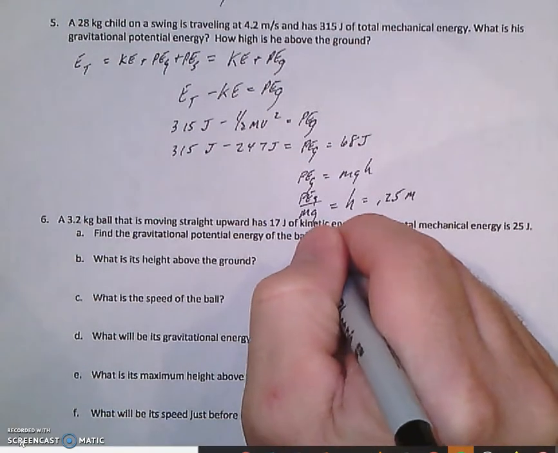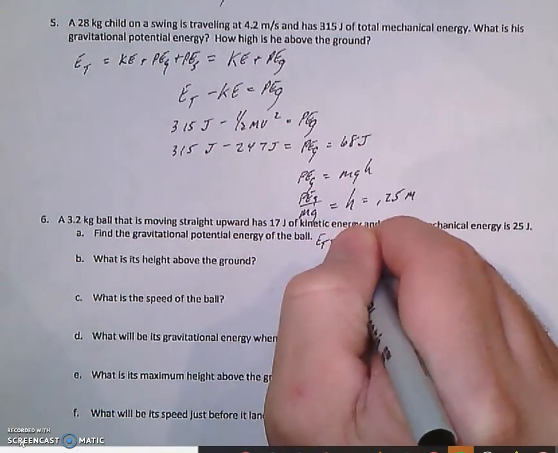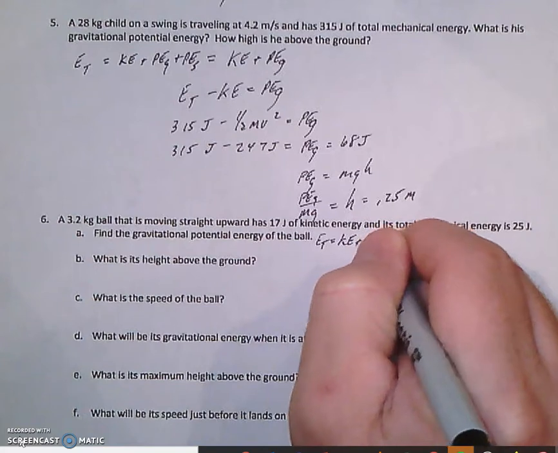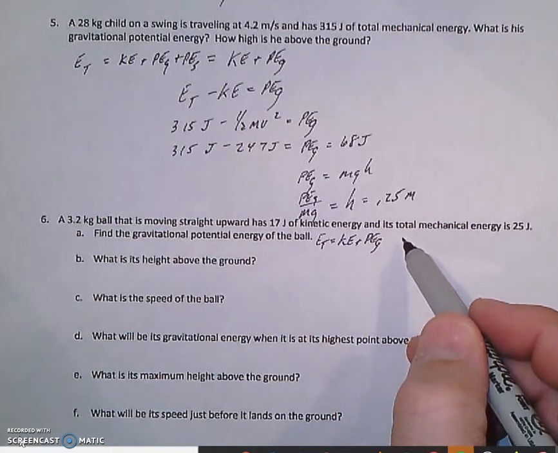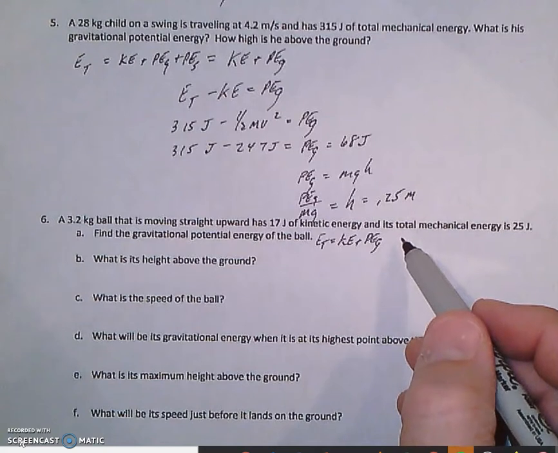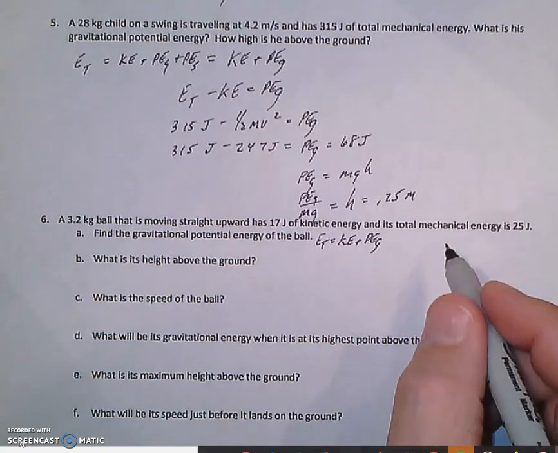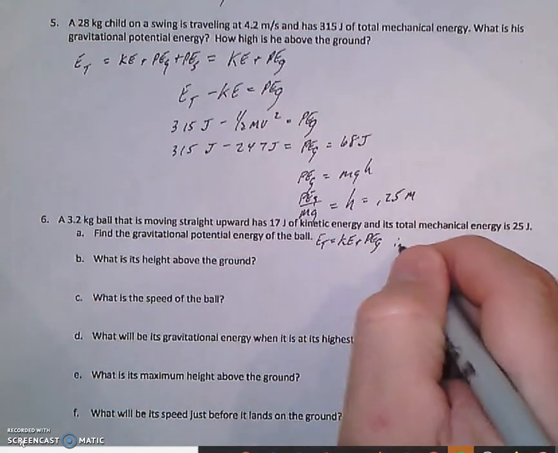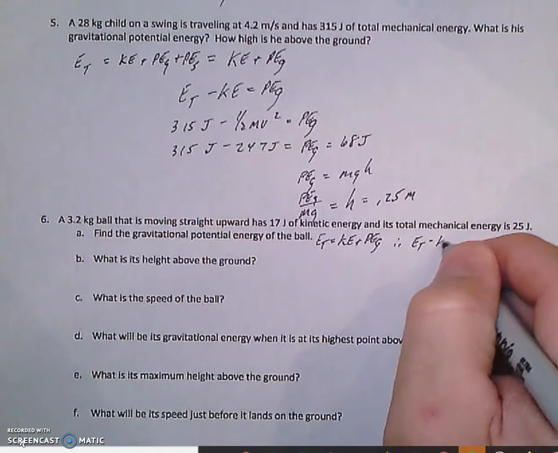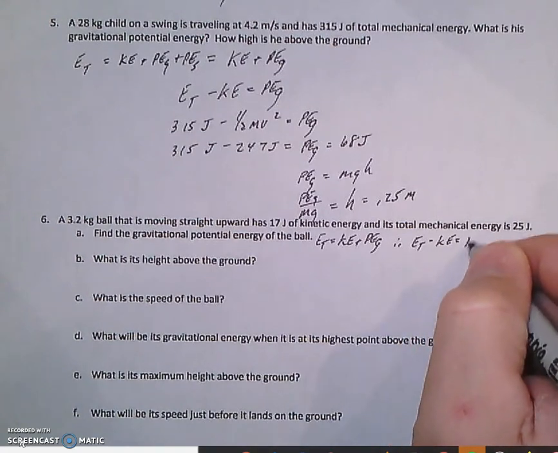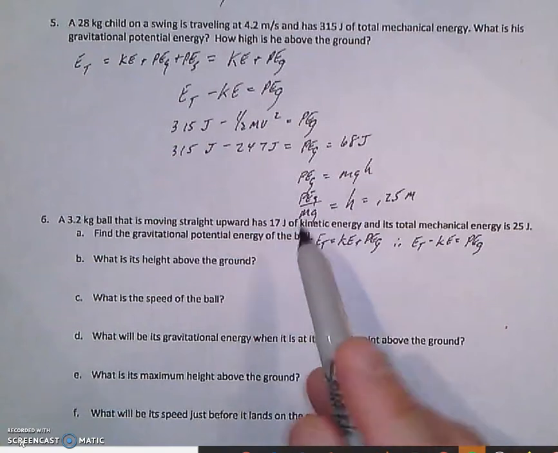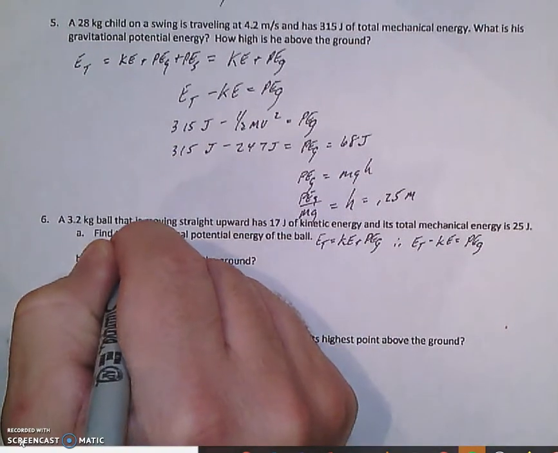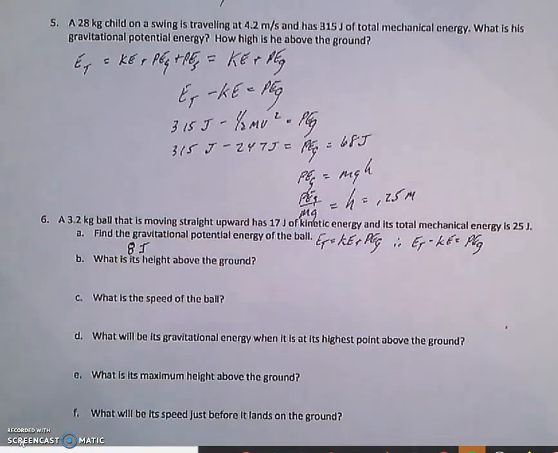Again, the total energy is KE plus gravitational potential energy, plus elastic potential energy, but in this particular case there is no elastic potential energy. So the total energy minus the kinetic energy is equal to the gravitational potential energy. So 25 minus 17 gives us 8 joules.